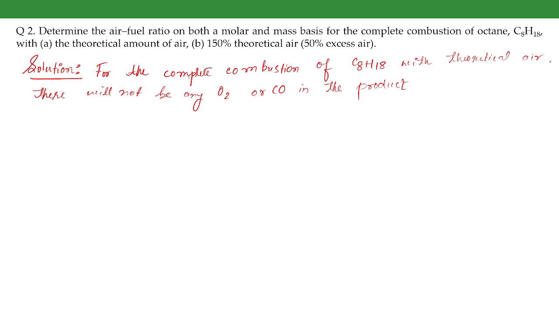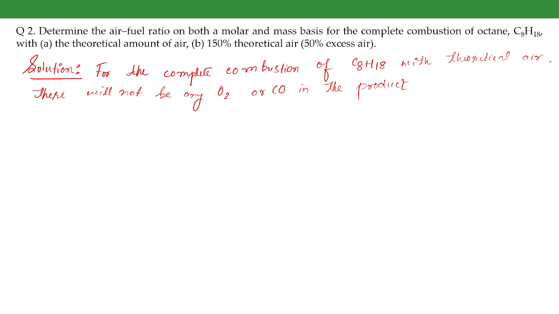Carbon monoxide is present in the product only when there is incomplete combustion. That is, carbon monoxide is essentially a product of incomplete combustion of the fuel. And since we have written complete combustion of fuel, there will be no carbon monoxide in the product.